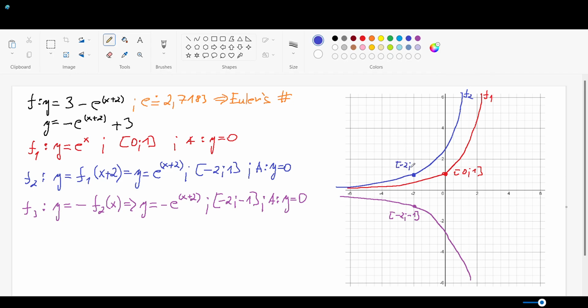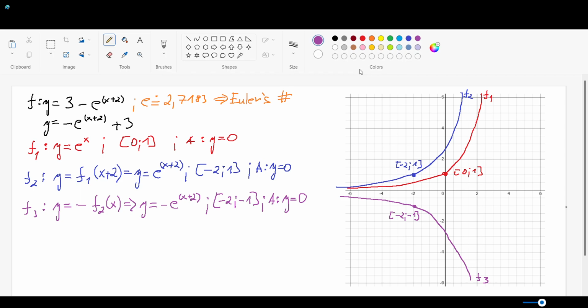So these are the coordinates of my point. The purple line is the graph of function f3, where we applied the transformation for negative values of our function f2.